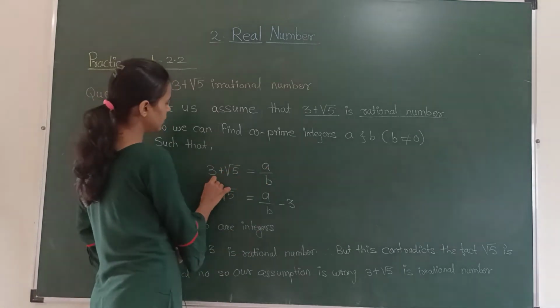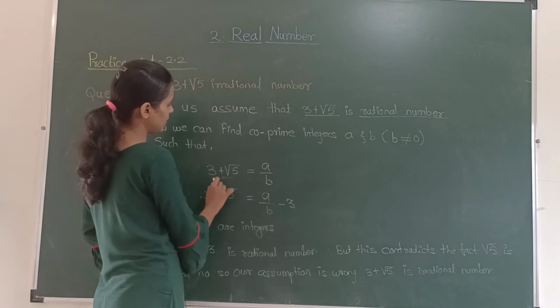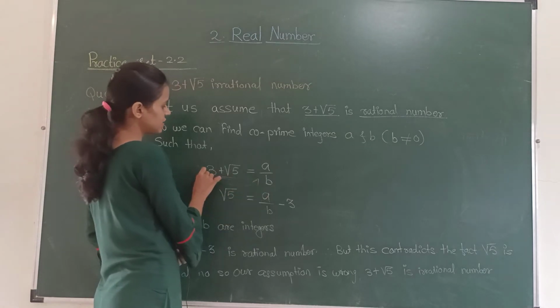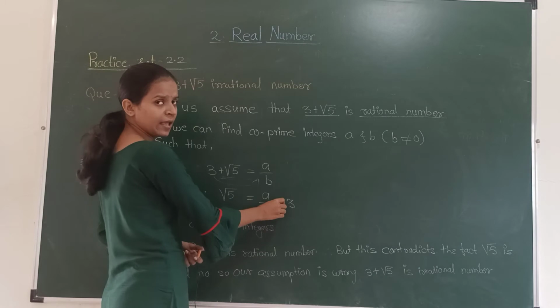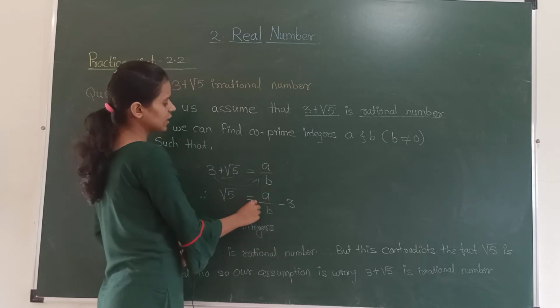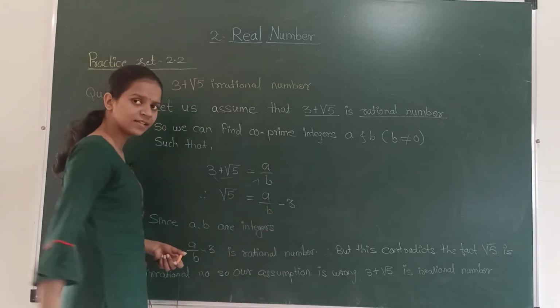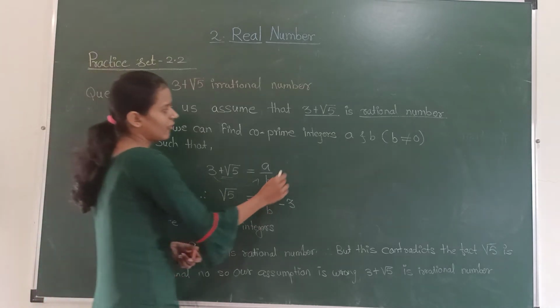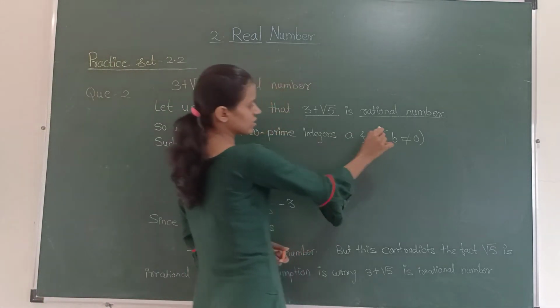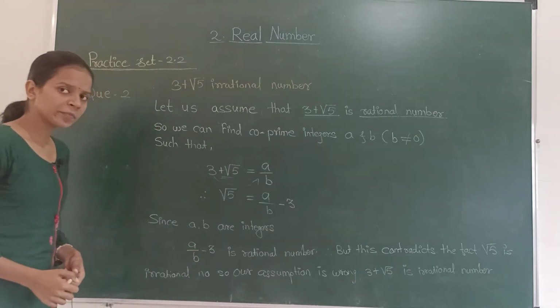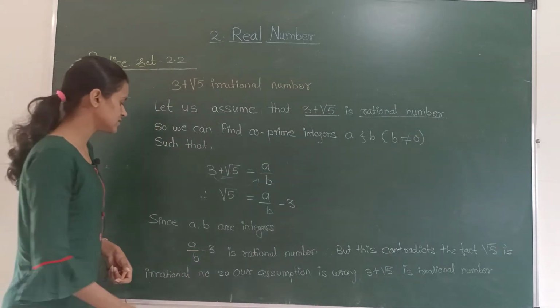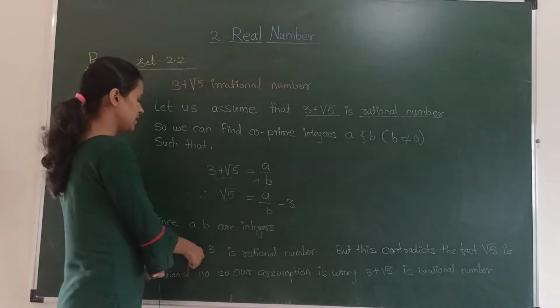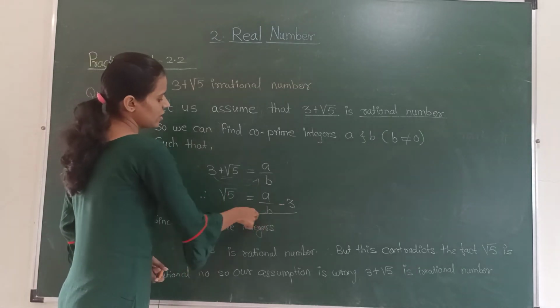We have to isolate root 5. So 3 will go here. It is plus 3, so it will get minus. So root 5 is equal to a upon b minus 3. Since a and b are integers, we have already seen that they are co-prime integers. So a and b are integers and a upon b minus 3 is a rational number.